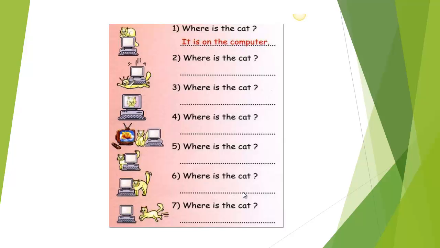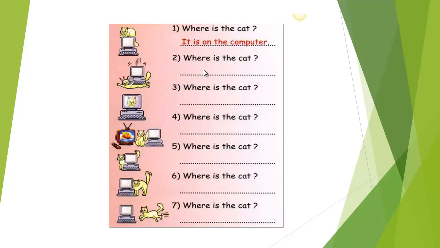We're going to continue working with the activity guide. In this activity guide, we have a beautiful cat and some computers and a TV. So we need to write down the correct position. You're going to do this individually, and we're going to correct it.